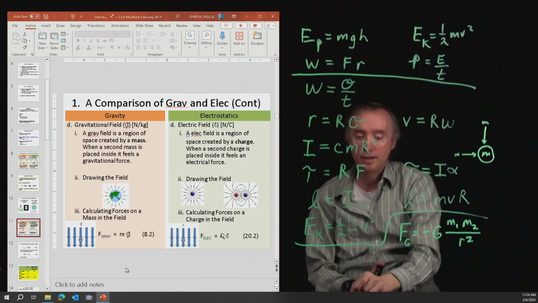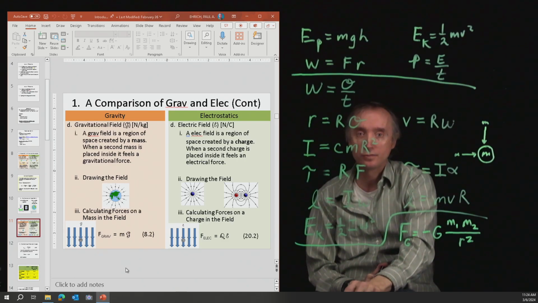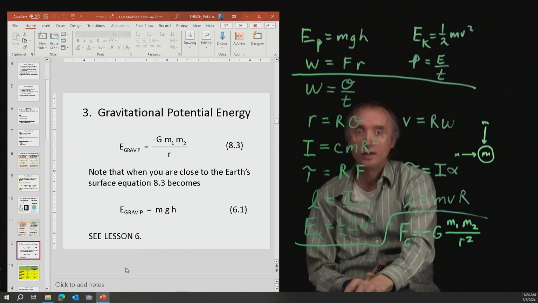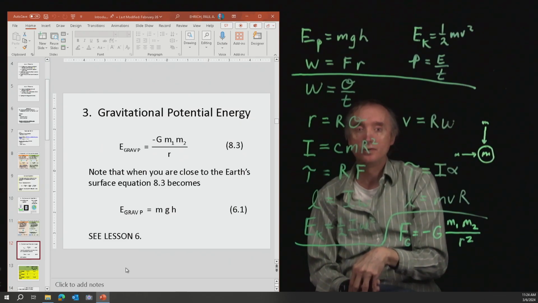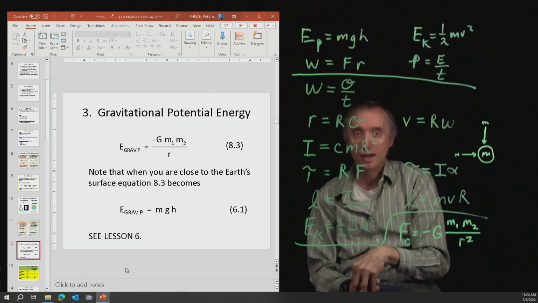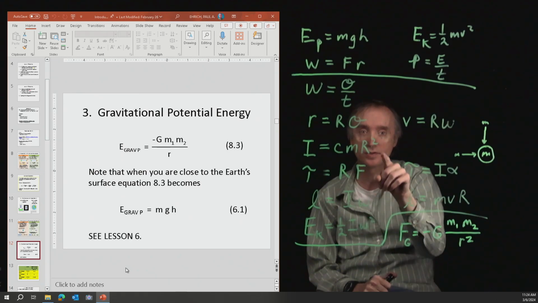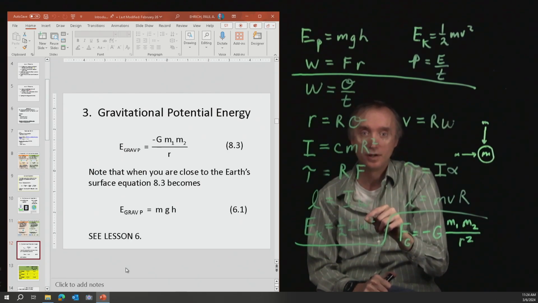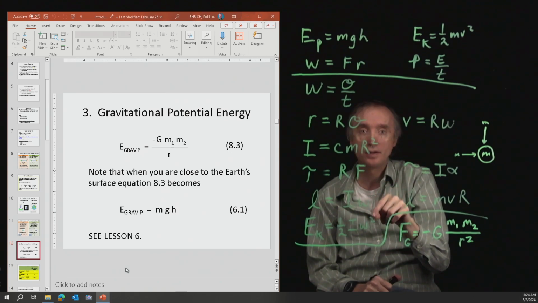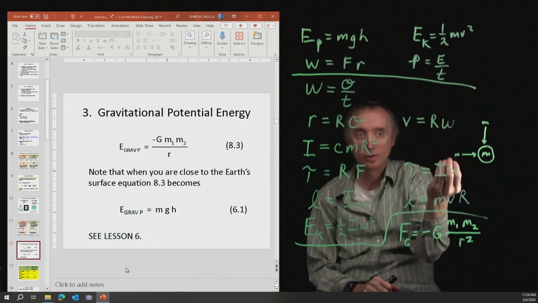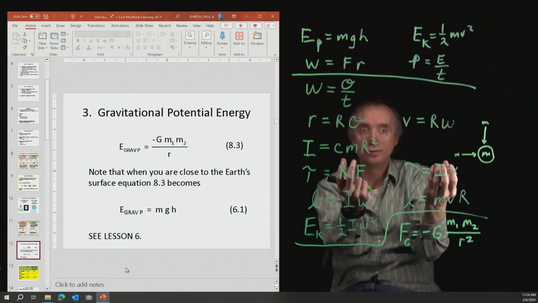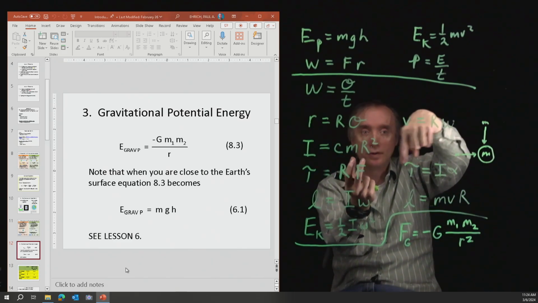Okay, and then we talked about the gravitational potential energy. And so the actual formula for the gravitational potential energy is the top one, equation 8.3. So you see that it depends on mass number 1 and mass number 2 and the distance between them.